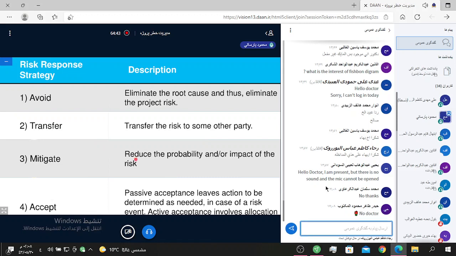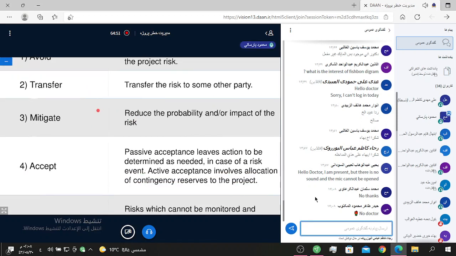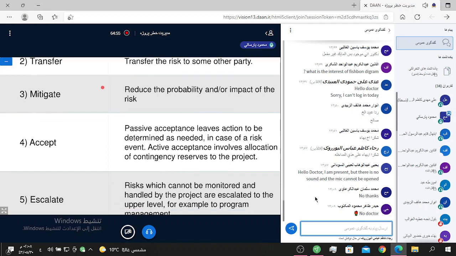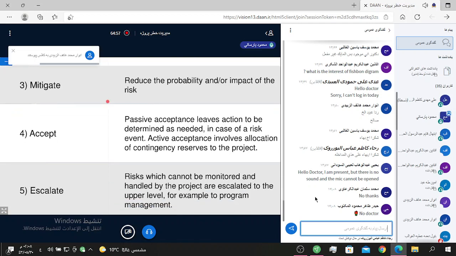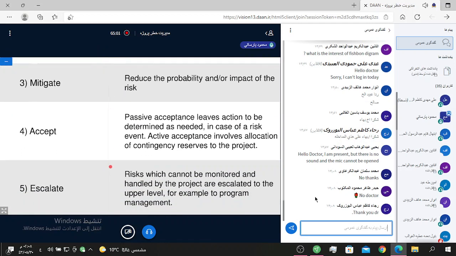These are the risk response strategies. For example, the first one, avoidance. Second one, transfer or transferring. Third, mitigate or mitigation. Acceptance. And the next one, escalate.